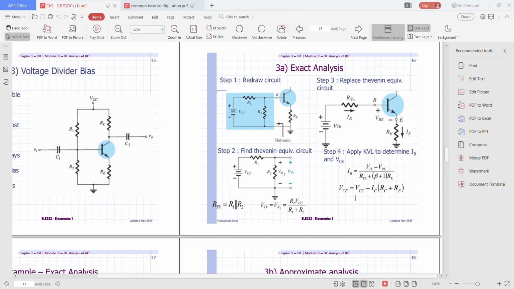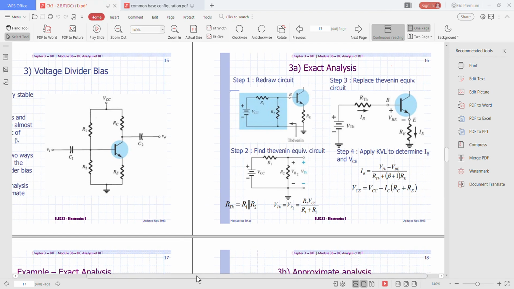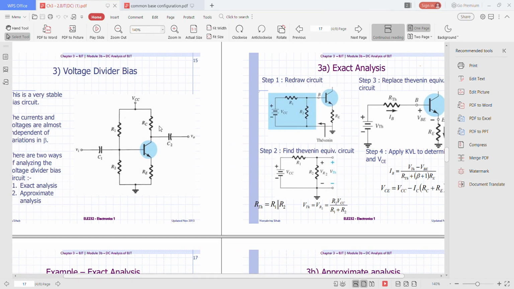VCE actually comes from the output loop over here. So it is better if we look at the voltage divider circuit over here. VCE comes from this equation, negative VCC plus ICRC plus VCE and then plus IERE equals 0.